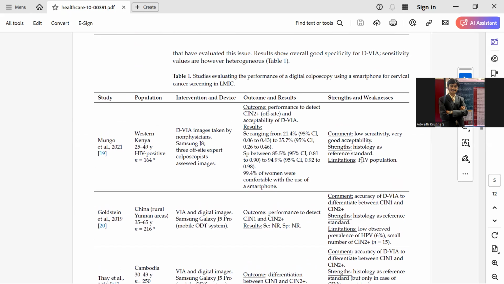Low sensitivity, considering this as an HIV population, let's just leave it over there. But the performance to detect CIN2 plus offsite and acceptability of DVIA was considered in this. Though the sensitivity was low, we can see that 99.4% of women were comfortable with the use of a smartphone.